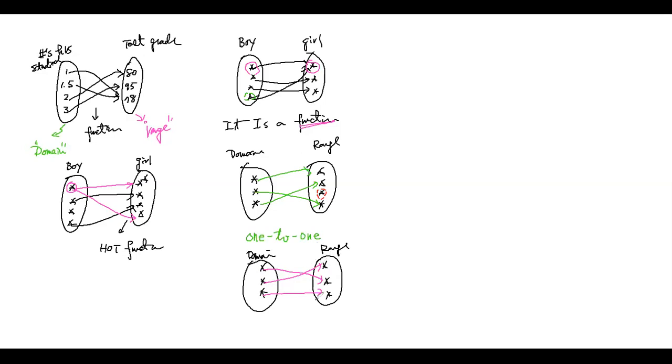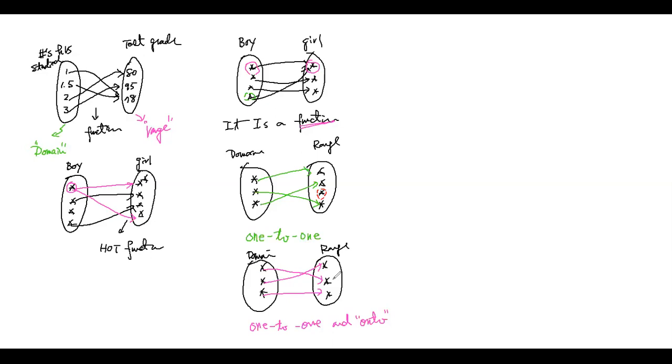And also this function used all the values of the range. So this is what we call onto. So this is 1-to-1 and onto. Onto means every element in the range has a value in the domain, which builds these relations.